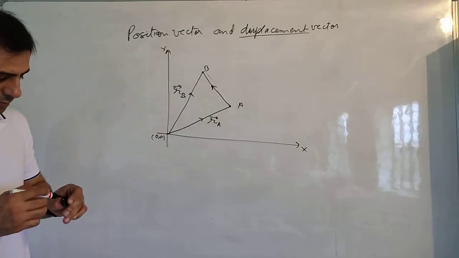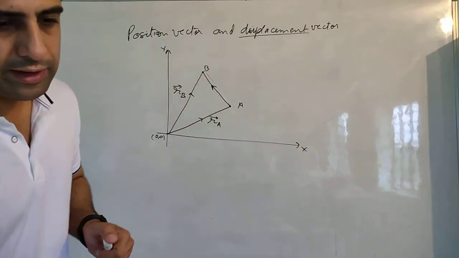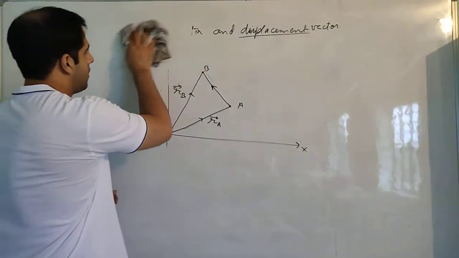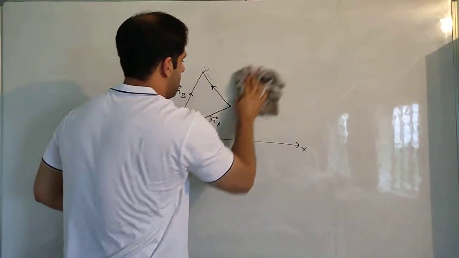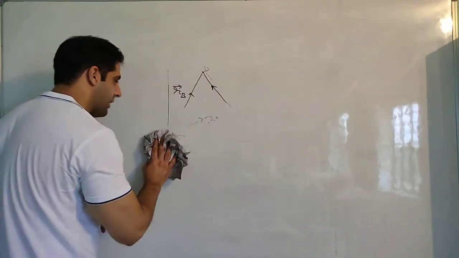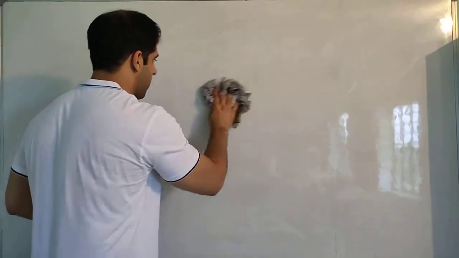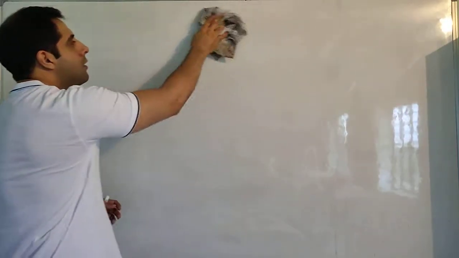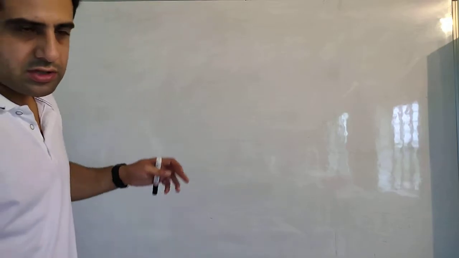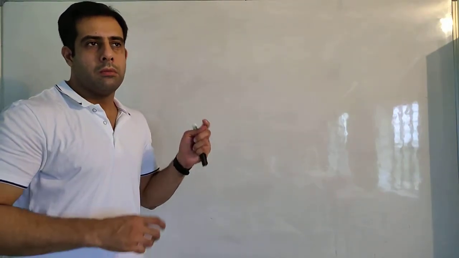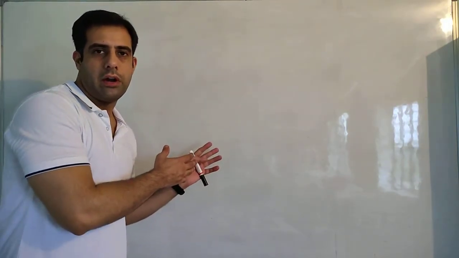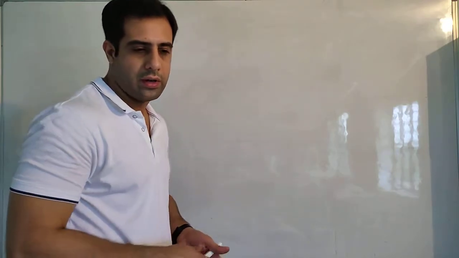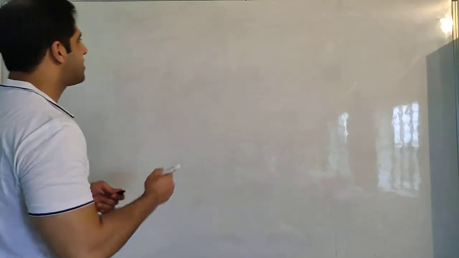So this is the difference between position and displacement vector. We are going to use this position vector in many derivations, so you understand it properly. Also read from the book. It's not necessary that you study here only. Read from the book, learn from the video, and then if you have any doubt, you can ask me. Now let us quickly go to the next part.